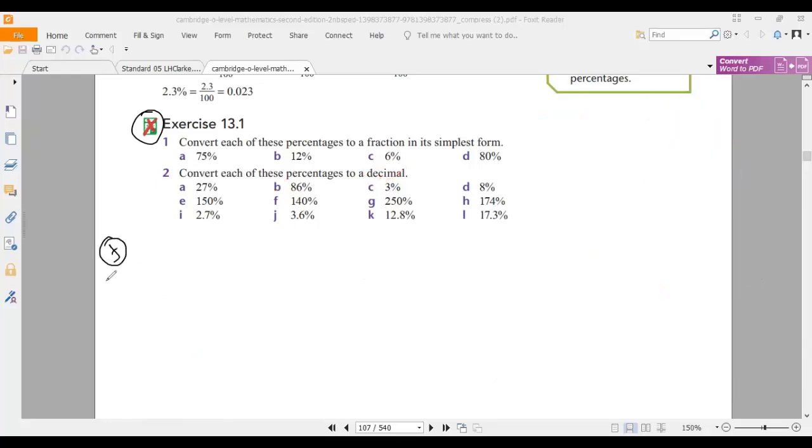Number F says 140%. 140% actually means 140 by 100. That means the decimal number will be 1.40.